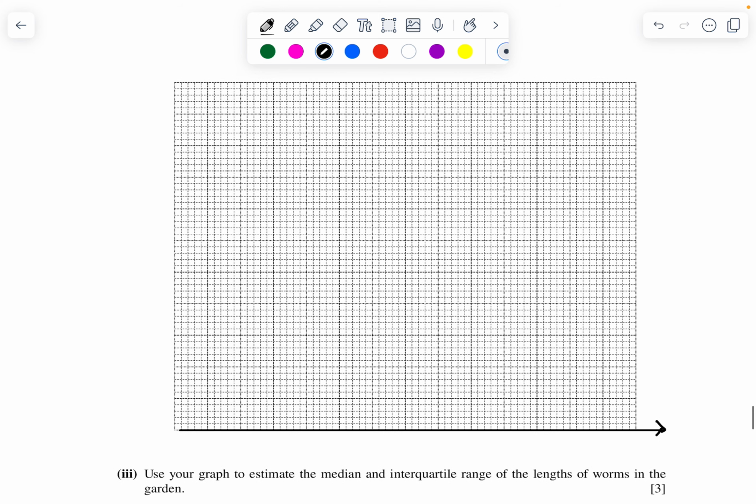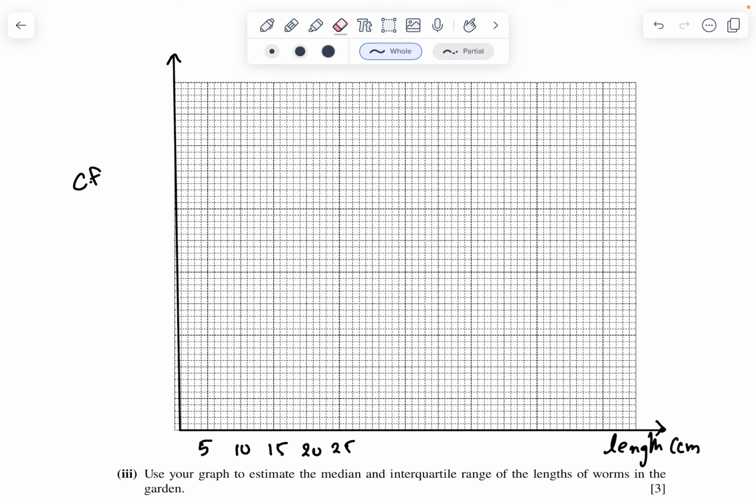This is the x-axis and this is the y-axis. Now cumulative frequency on y and length in cm on x. So this is going to be 5. Okay, I can do like this: 5, 10, 15, 20, 25. If I do like this, it becomes too short for that.